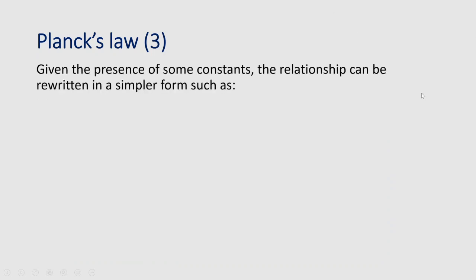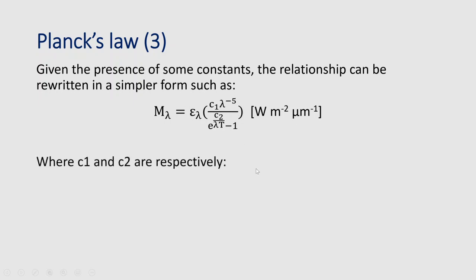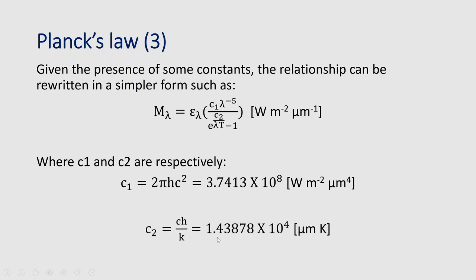And given the presence, as I mentioned, of some constants, the relationship can be rewritten in a simpler form, such as this one. Here you see it's very simple, and you have only two different constants, C1 and C2, and you see C1 is these things here, and C2 is these things here.